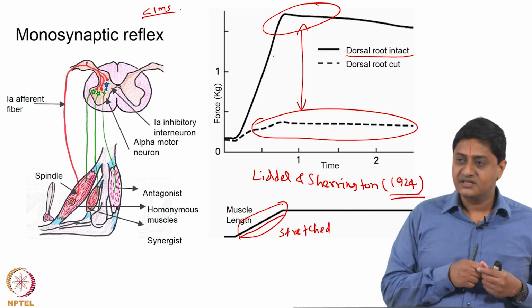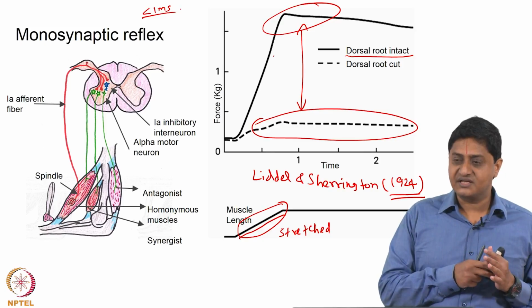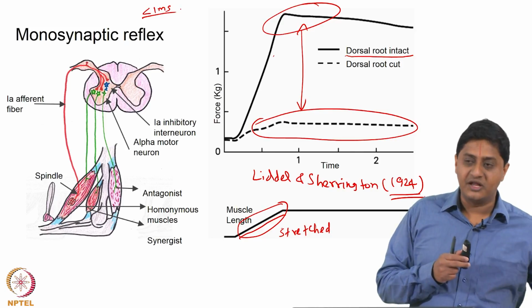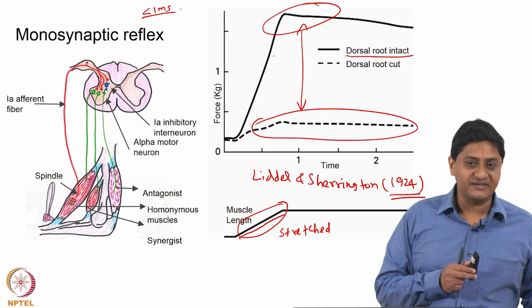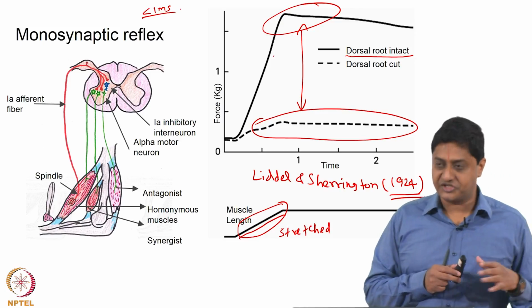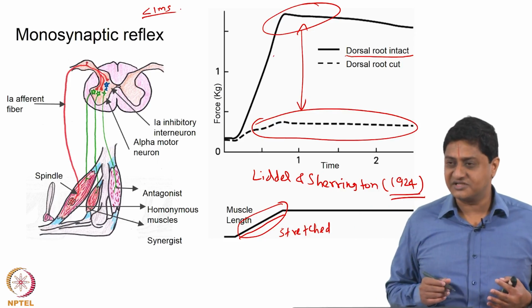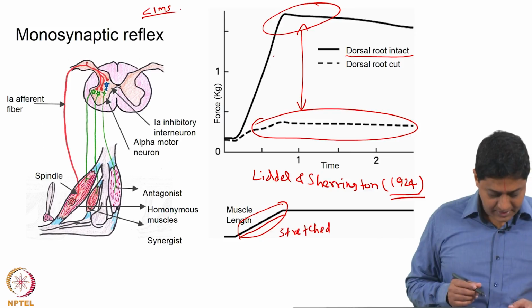The other case is the crossed extension reflex, in which the limb on the other side of the body experiences extension. More details on this later, I just wanted to give a little bit of why these things are even being studied.